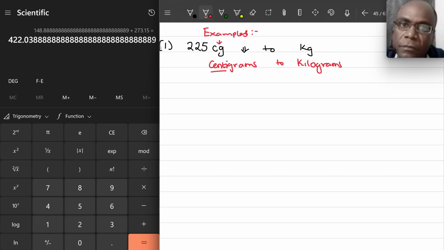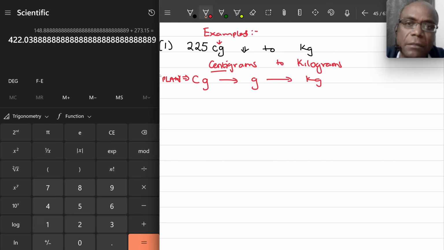If I'm going from centigrams to kilograms, I cannot just take that big hop. I have to go from my centigrams at least to a unifying base unit, which is a gram, and that's going to take me to the kg. That is the strategy and plan for this problem.